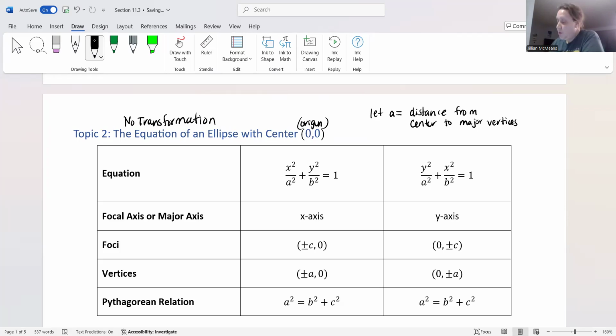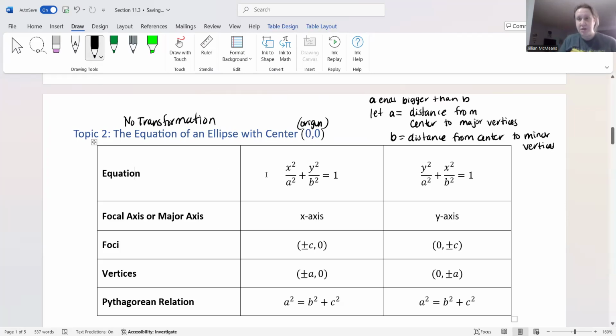So we have to be really careful about what we call A and B. B is always the distance from the center to the minor vertices. In these equations, A is always going to be the bigger of the two, so A ends up bigger than B. So we have to be really careful.